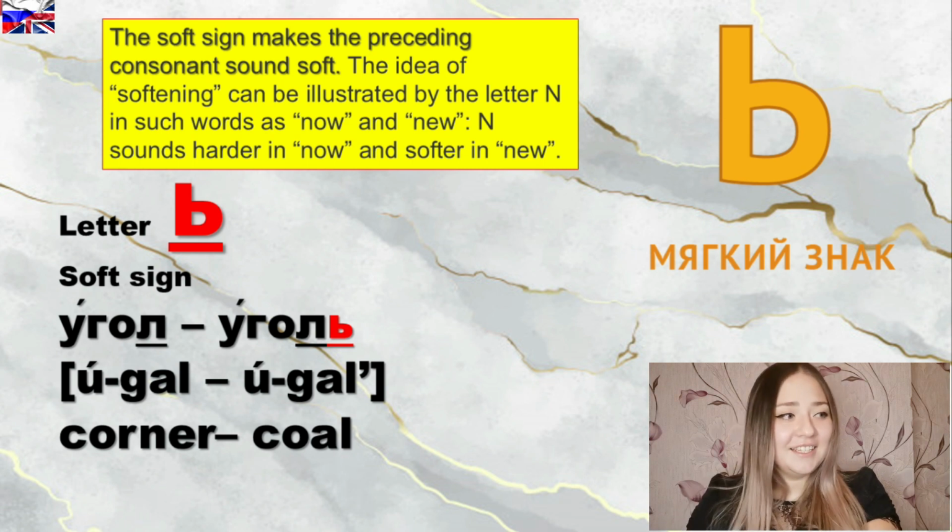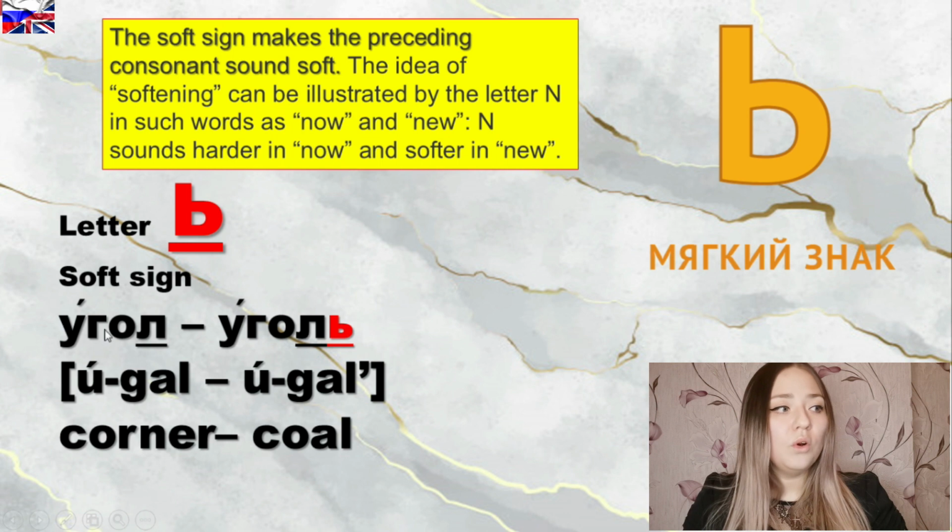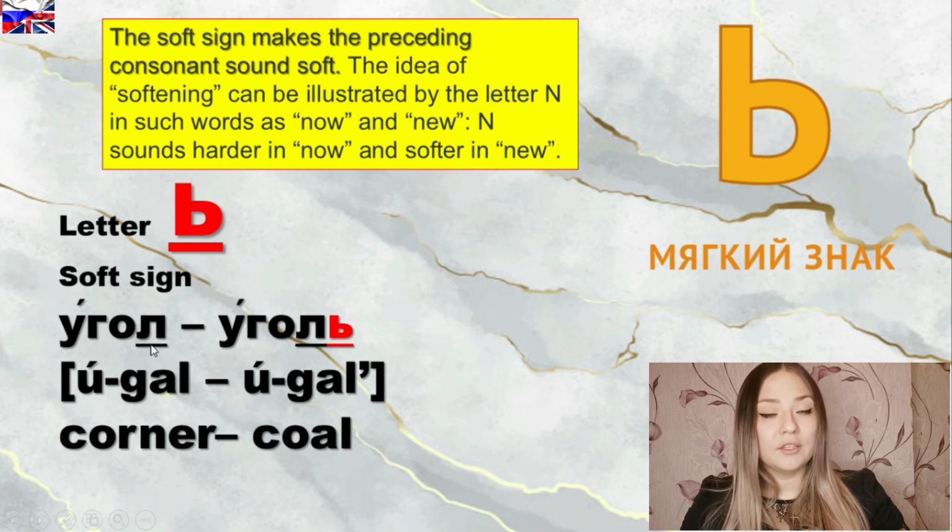Let's look at these examples. So the first word is угол. You see the final consonant L is hard. It is not soft. Угол means corner. And let's look at the second word, which is уголь. You see the soft sign in the end?